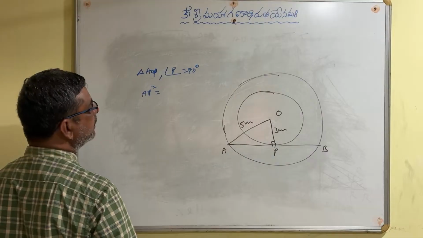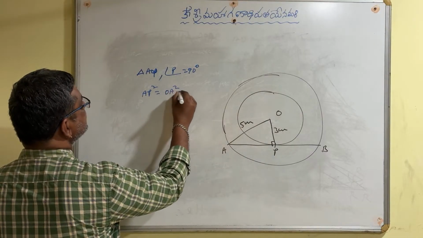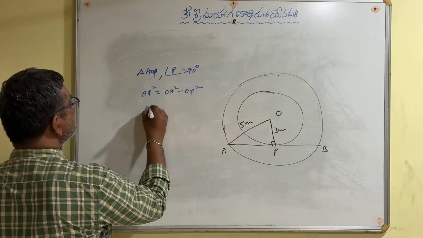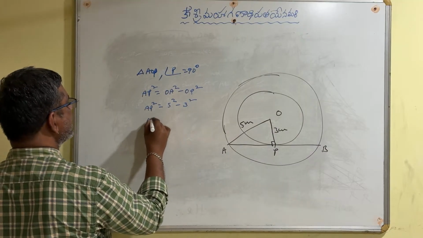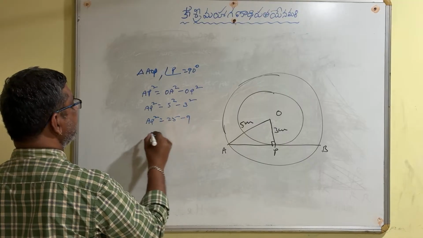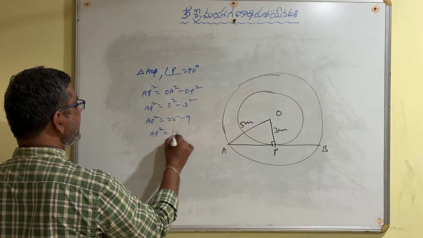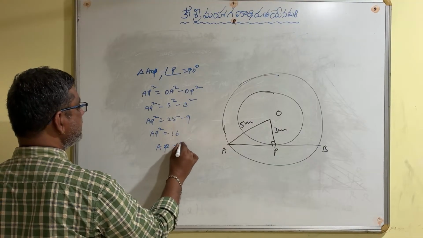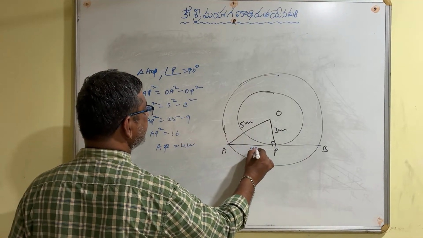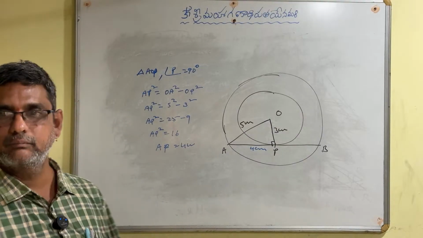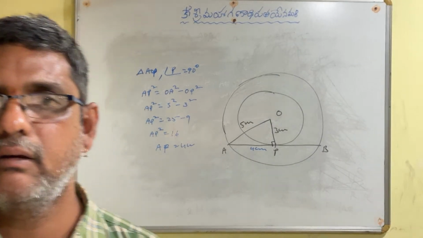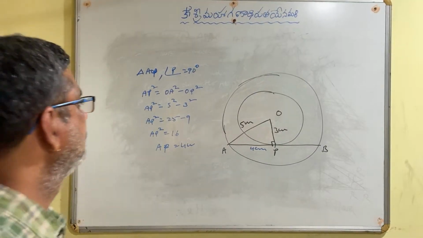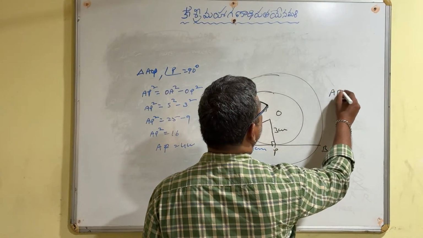AP square is equal to OA square minus OP square, 5 square minus 3 square, 25 minus 9, 16. AP will be 4 centimeters. That means this is 4 centimeters. But we want the AB length, not AP.